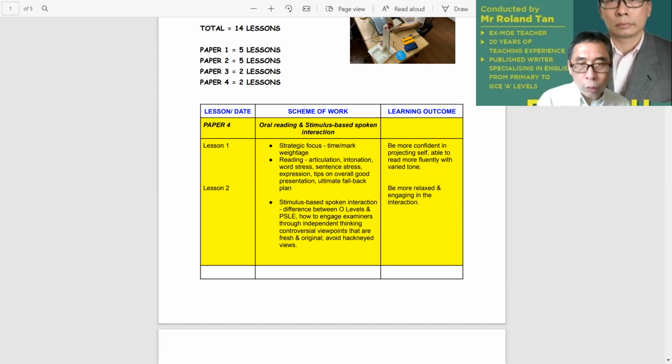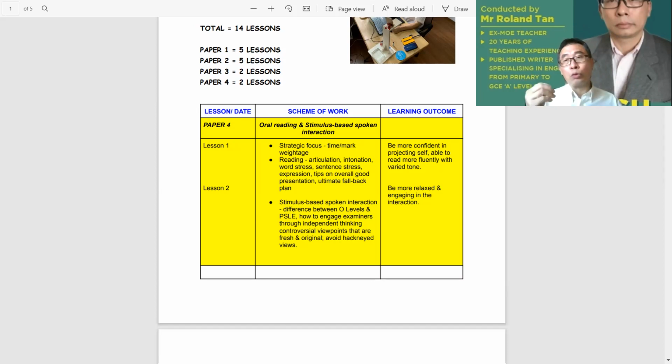Lesson 2 will cover the stimulus-based spoken interaction. Here, I'll give a quick commentary on the difference between O levels and PSLE and how you can build on what you have already achieved at PSLE standard and top it up, with more content, more confidence in engaging the examiners, right? So it is about engaging the examiners through independent thinking.